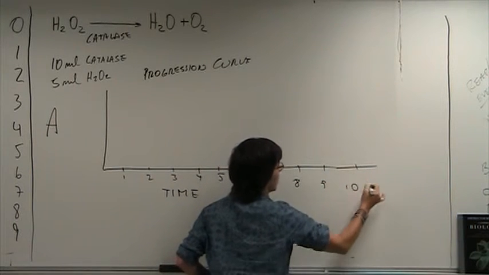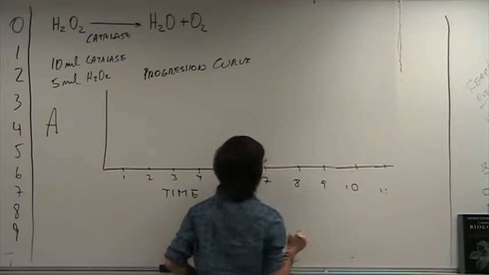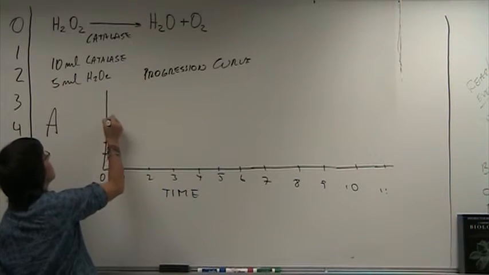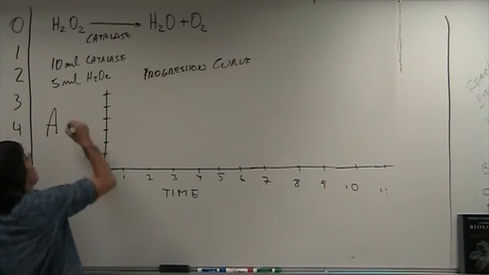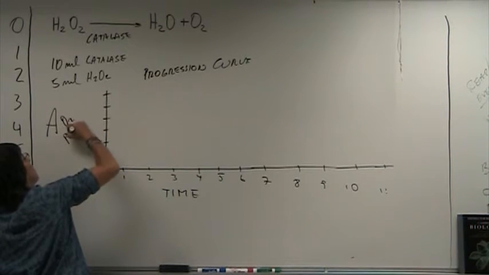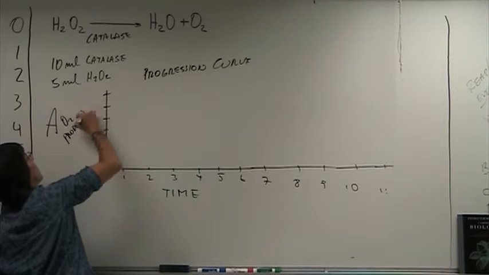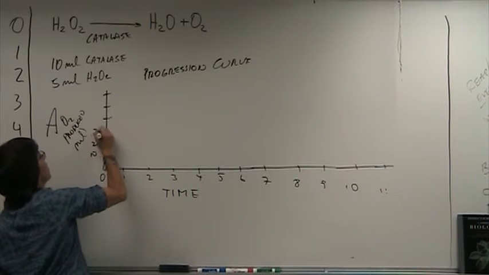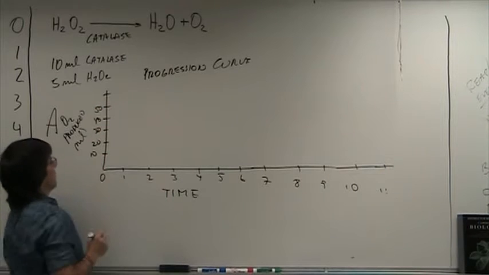Most reactions ended up around 10. And here is the mLs of oxygen produced, in milliliters: 10, 20, 30, 40, 50.